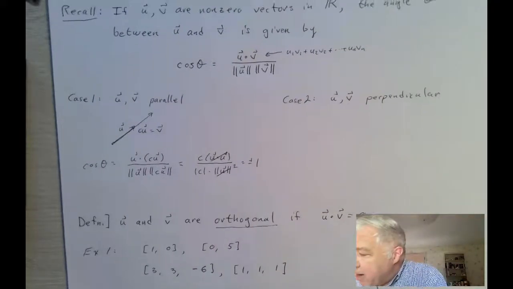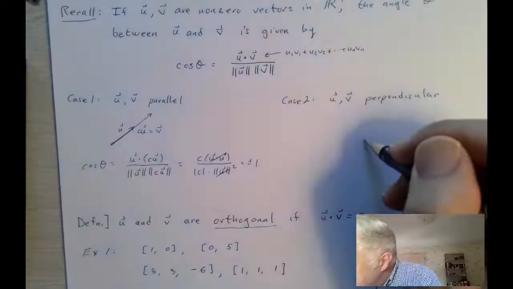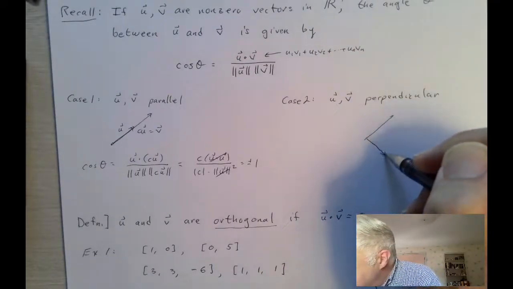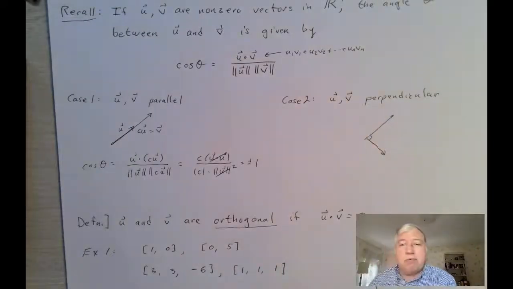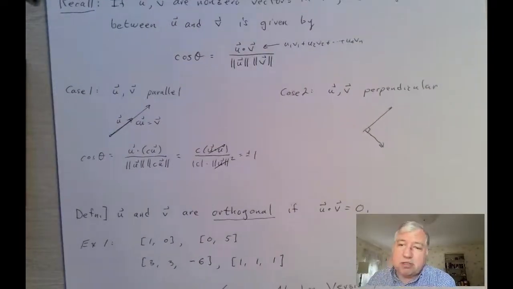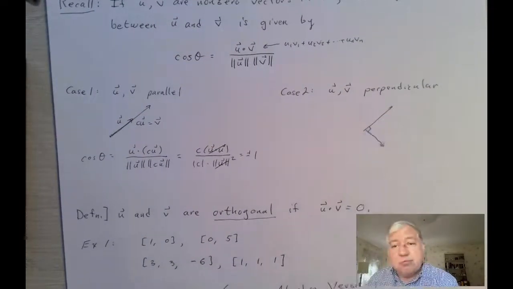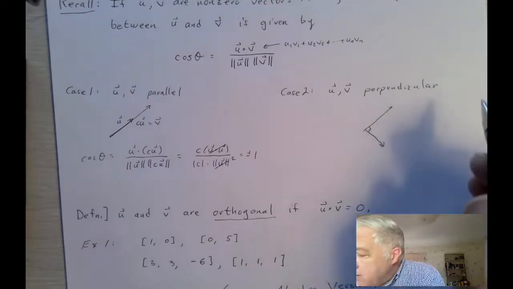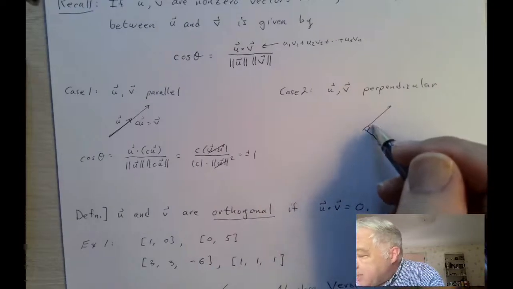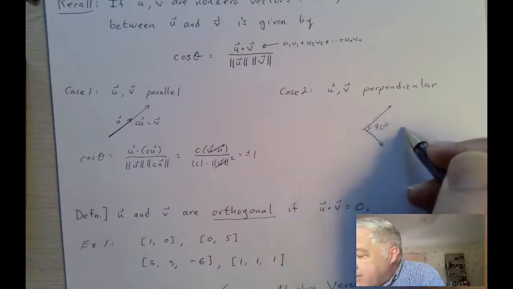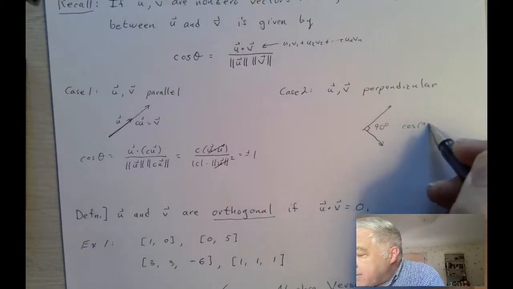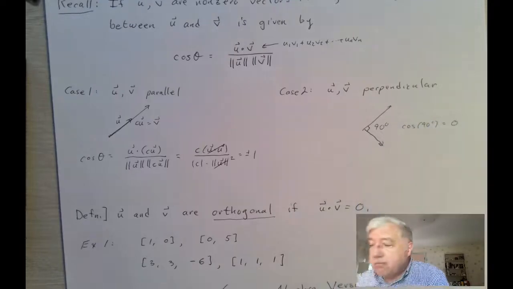If u and v are perpendicular, we haven't really officially defined what it means to be perpendicular, but let's just say we have two vectors in a plane at right angles to each other. Well, in that case, this angle is 90 degrees, and we know the cosine of 90 degrees is 0.